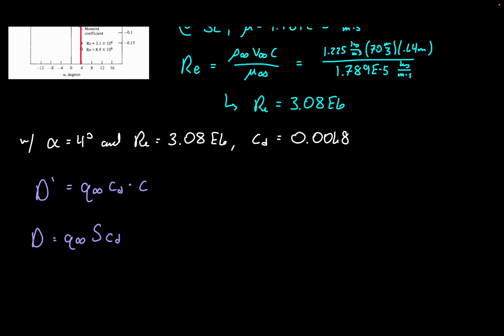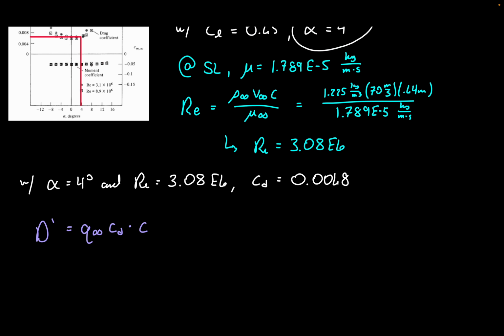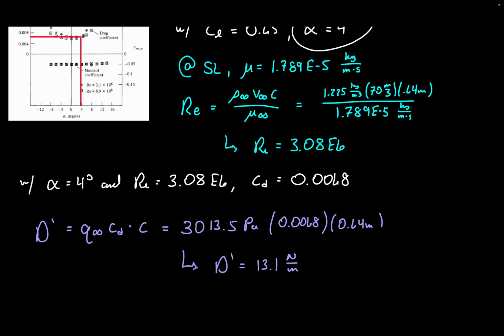So that's why we are doing that. So it's pretty much the same as before. And then we can just start plugging in values. So we have 3013.5 pascals for dynamic pressure. And then we have 0.0068 for the coefficient of drag. And then 0.64 meters for the chord length. That leaves a drag per unit span of 13.1 newtons per meter.